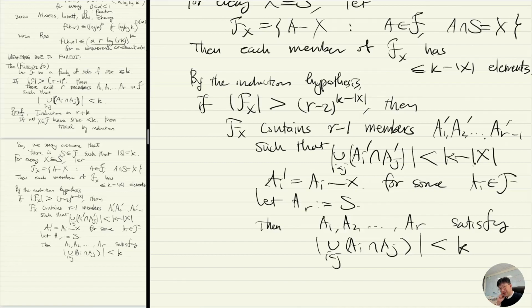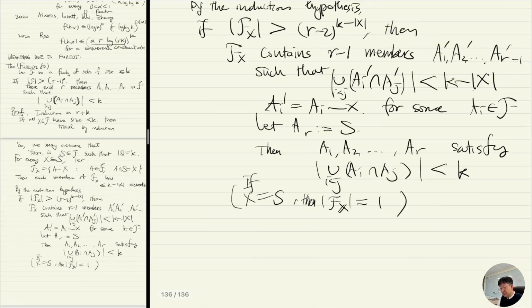One thing I should add as a remark is that if X is equal to S, then this never happens. f(X) will be at most 1, actually it's 1. So we don't have to worry about this situation. That's why this S is different from any others.